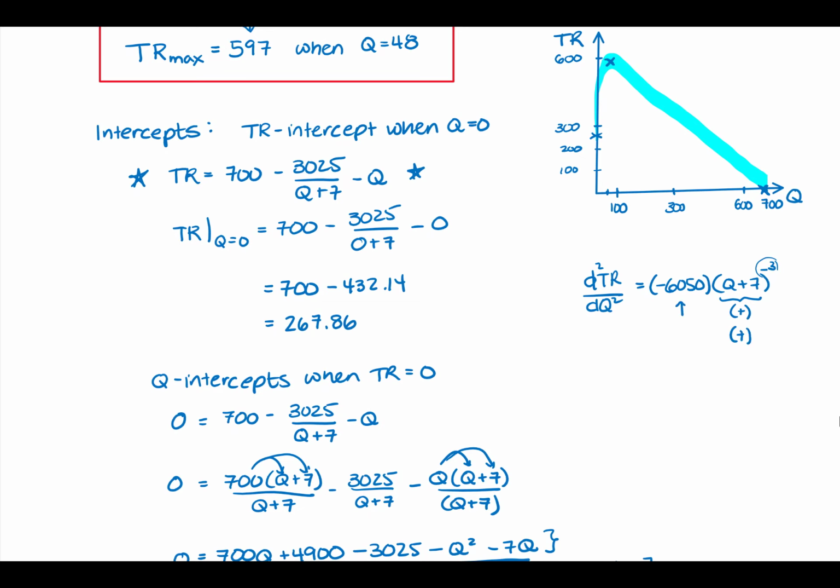And this value is a constant coefficient. So we're always going to have a negative times a positive. We know that our second derivative is always going to be negative, so it always has this concave down shape. So overall, we have a general idea of what the shape of our graph is going to be. It's going to look something like this.